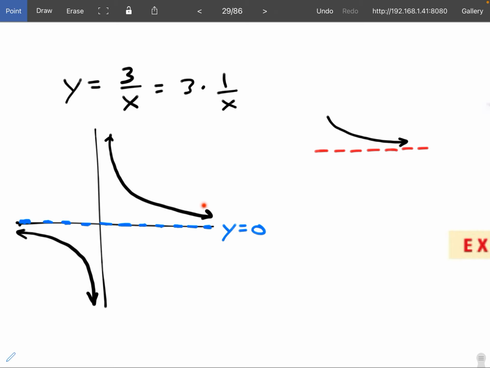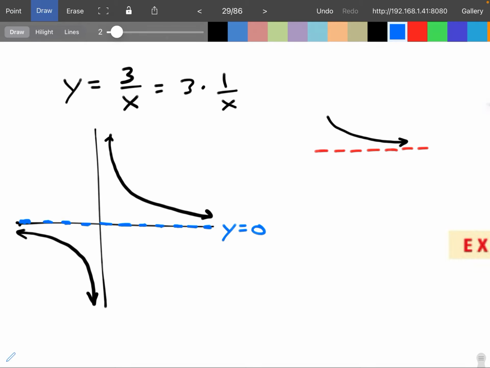You can see over here that the graph is getting closer and closer to touching that. Same thing along the negative x-axis: the graph is getting closer and closer to the x-axis, but never touching it. So the horizontal asymptote is the x-axis, but its equation is y equals 0. All right. I'll write this out.